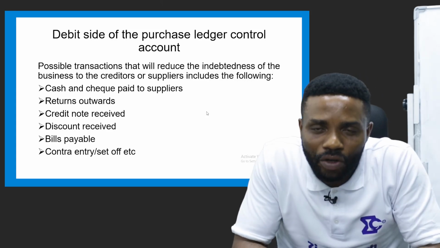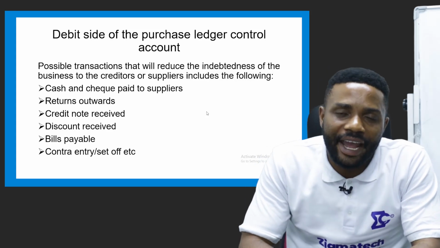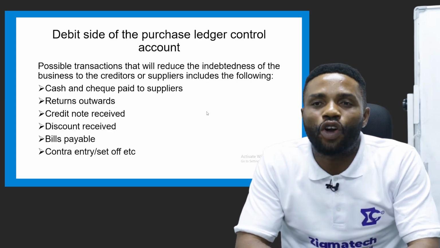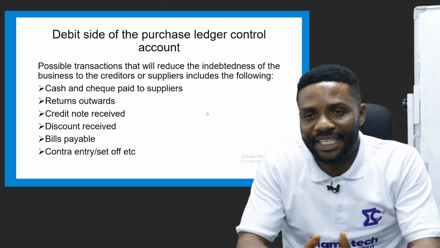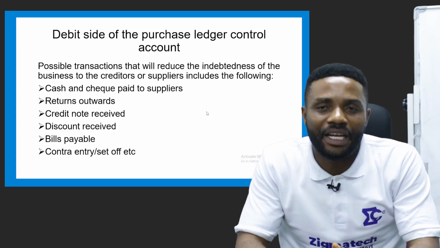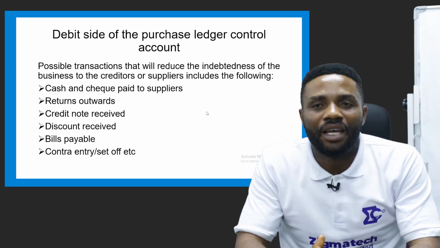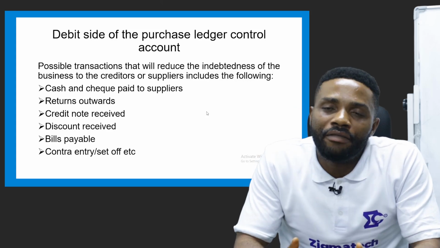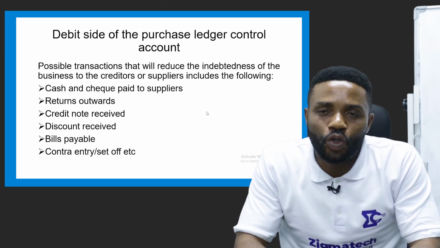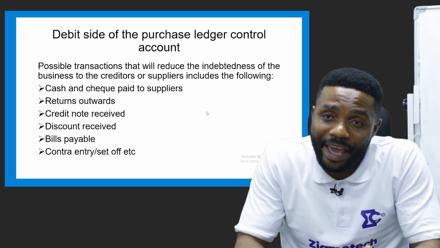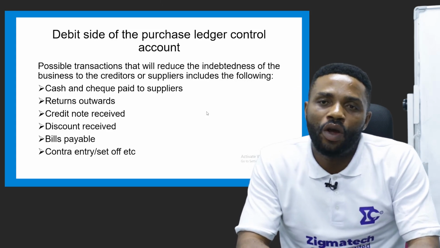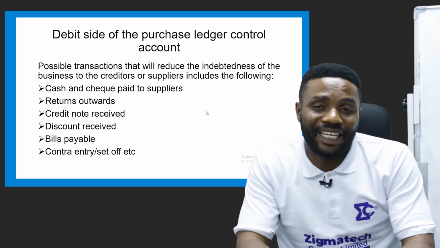And then the last but not the least is contra entry, or what we call set off. Like I said earlier, this concept has been properly explained in the lessons on control account. But for the sake of emphasis, I will mention it the way it was explained.